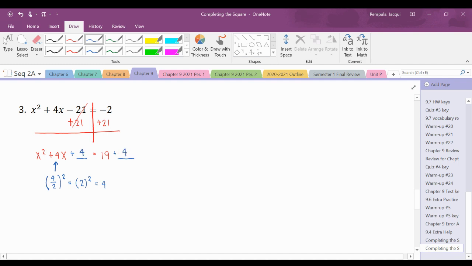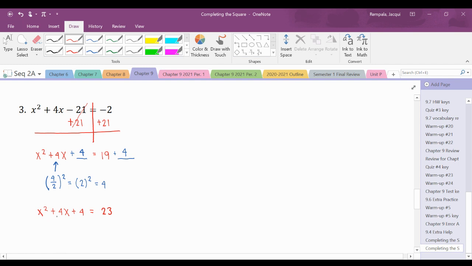So that's the number I'm adding to both sides. Remember, that gives us x squared plus 4x plus 4 on the left. Add those two numbers on the right: 19 plus 4 is going to give us 23.